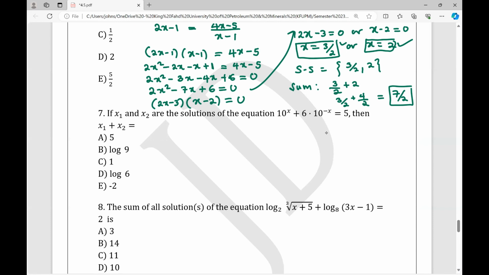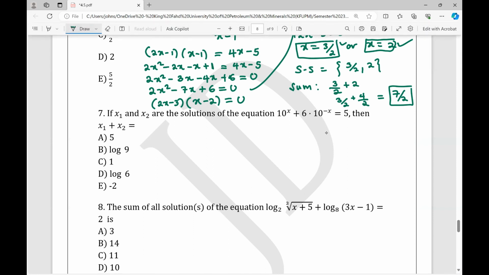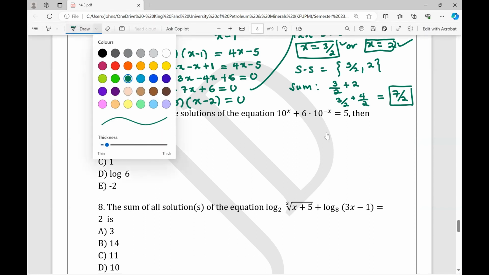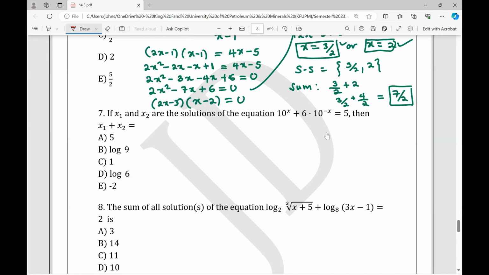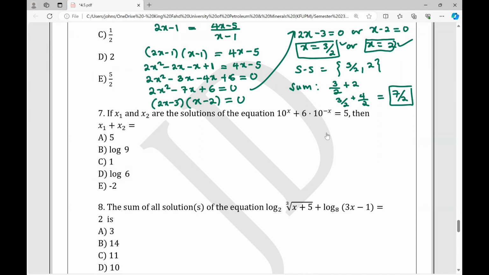So number 7 is saying that if x1 and x2 are solutions, then we should find x1 plus x2.